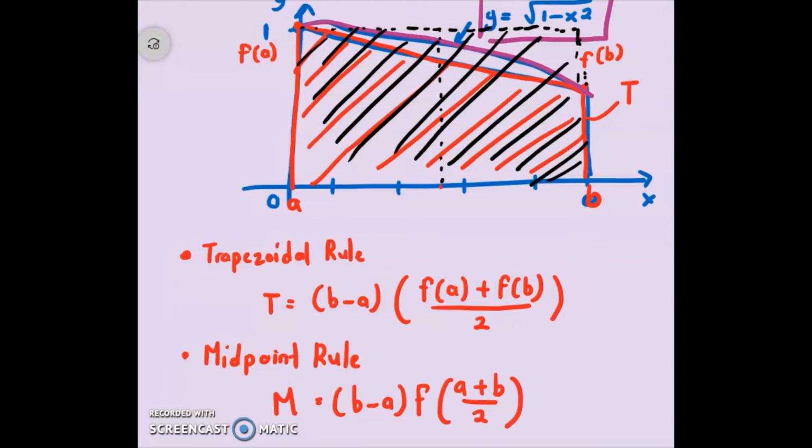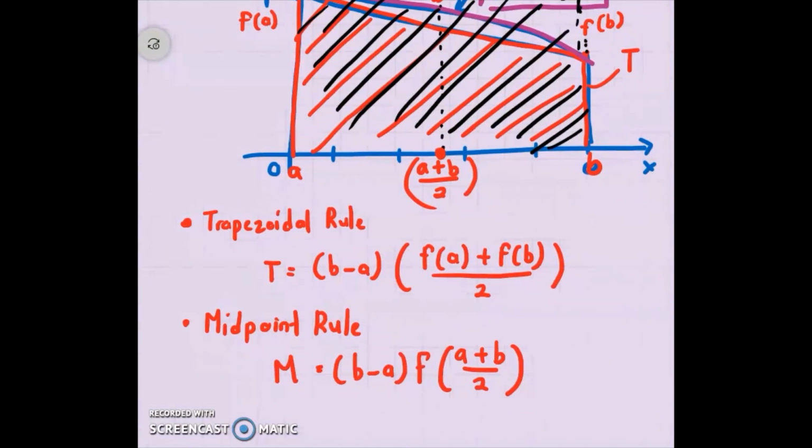So take the midpoint value here, (a plus b) over 2, and this is f of (a plus b) over 2.